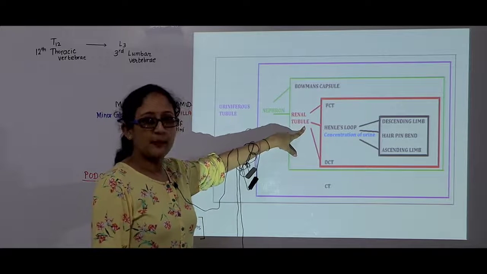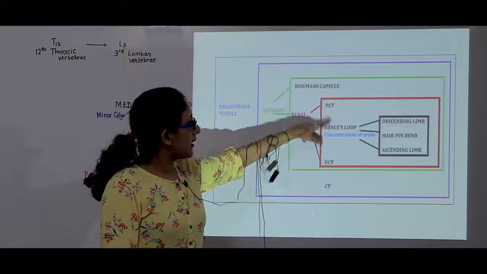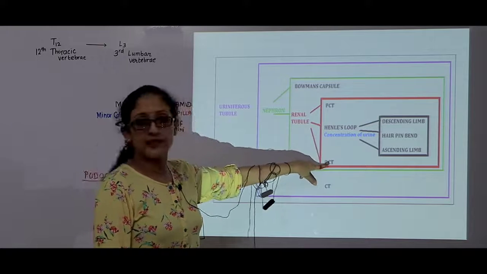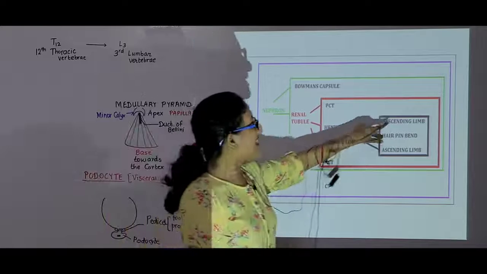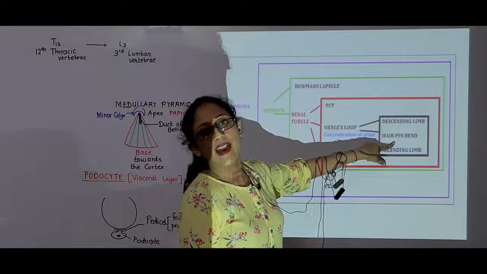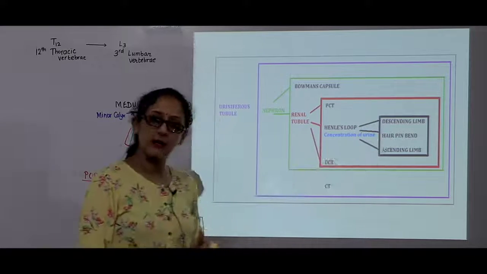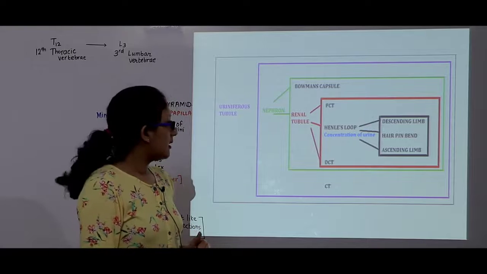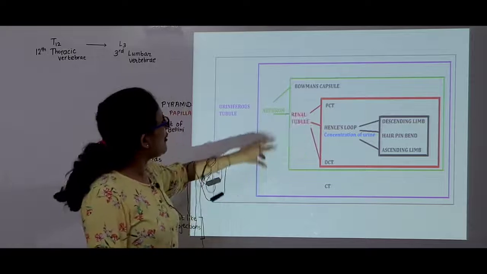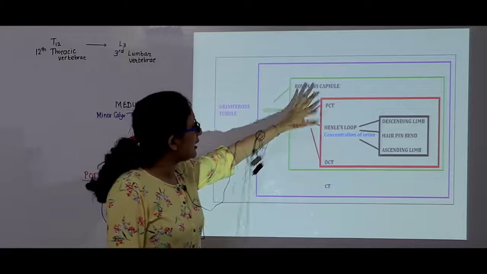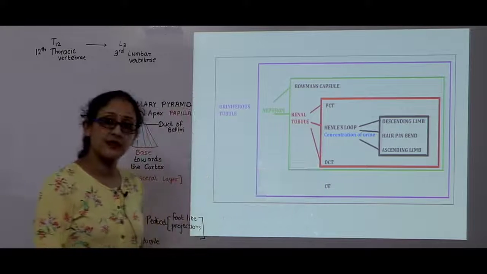Renal tubule has 3 parts: PCT, Henle's loop and DCT. The Henle's loop has a descending limb, hairpin bend and ascending limb. So a nephron consists of only Bowman's capsule and renal tubule till DCT.